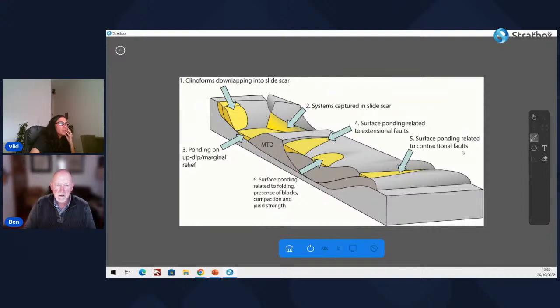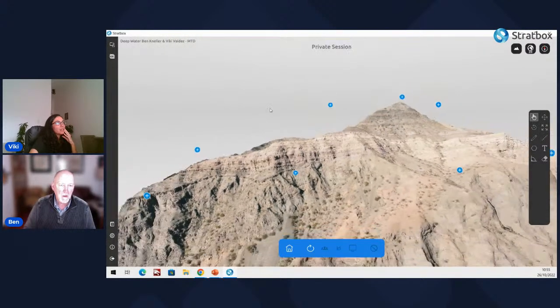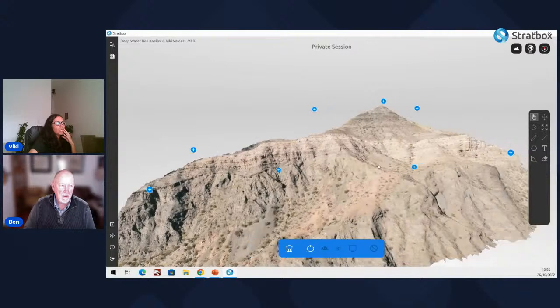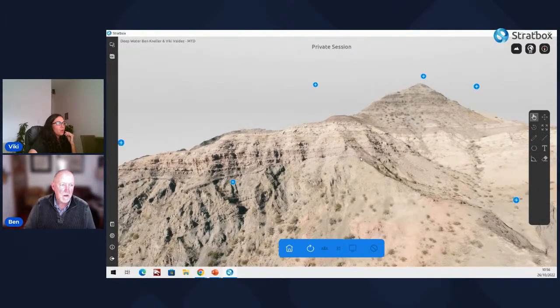And in the examples that we are looking at in Cerro Bol, we have some surface ponding related to extensional faults, as well as surface ponding related to folding, the presence of blocks and compaction, as well as contractional faults. So if we take a look at the ponded turbidite, just let me twist the model a little bit.